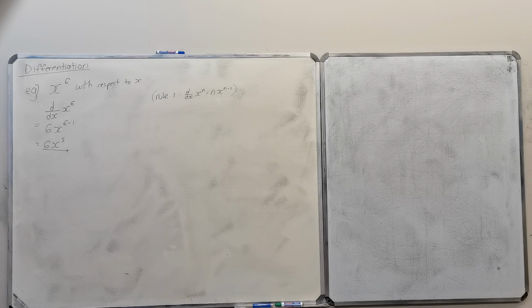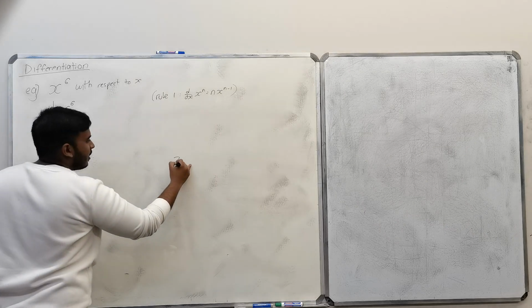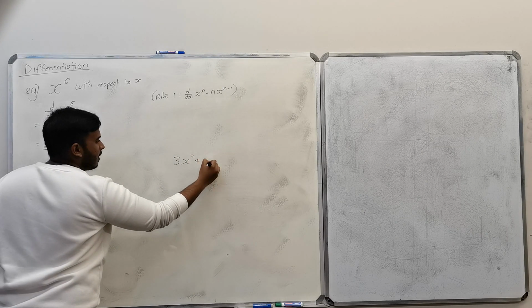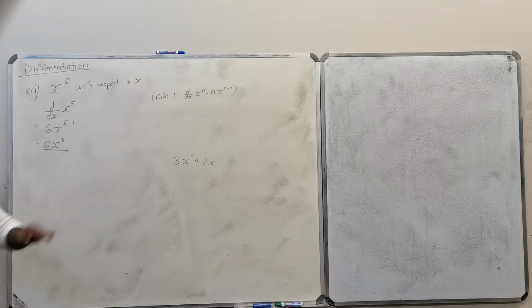So you differentiated that. Now think back to our other first principles questions. One of the questions we did was 3x squared plus 2x. We did it with first principles.